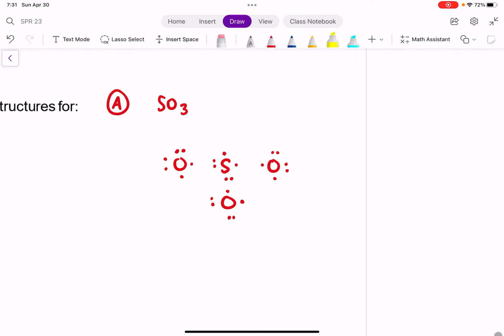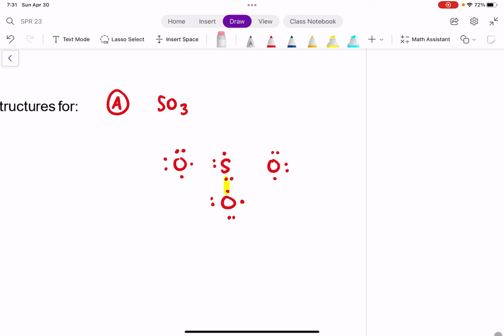Let's see if we can form a bond here. I'm seeing that can be a bond, this could also be a bond, and this could be a bond here. Would that make sulfur happy? I think it would. So let's go ahead and draw our bonds.